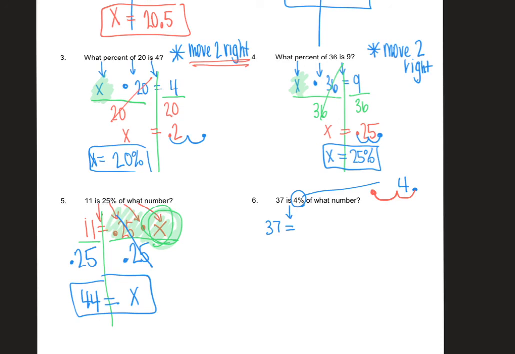That would be 40%. 4% becomes 0.04. Of means multiply. What number means x. Throw my line down my equal sign. Divide both sides by 0.04. And I get 925 equals x.